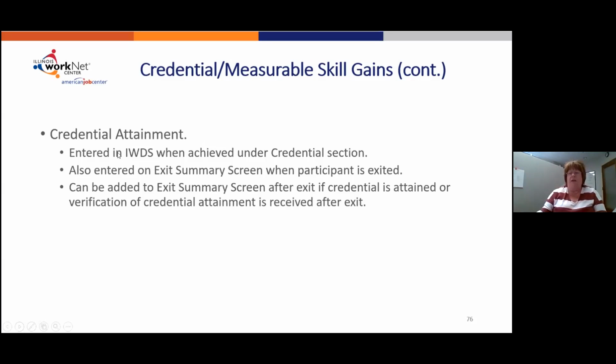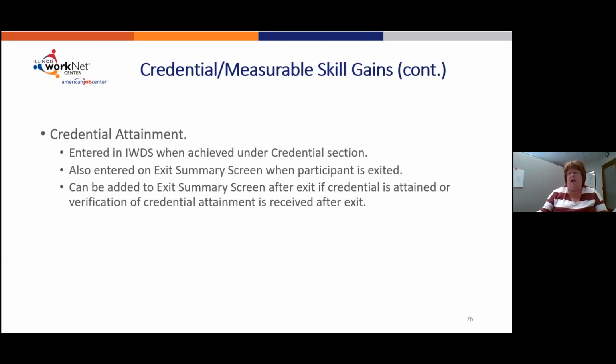Credential attainment is when that person completes their training program and earns that credential. You're going to enter that in IWDS when they achieve it, under the credentials section. Also, when you are exiting a person, that credential needs to be entered on the exit summary screen when they're exited, because it will not report to DOL properly if it is not entered on the exit summary screen.